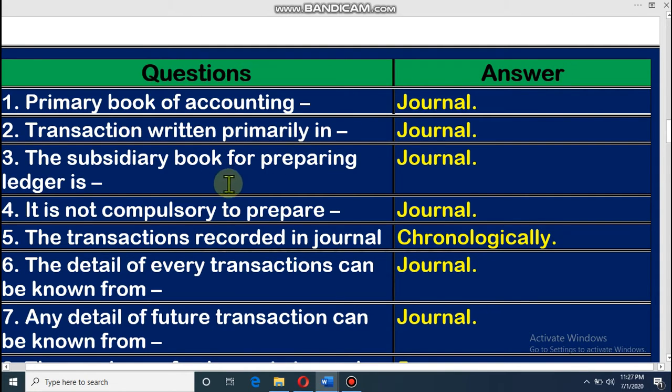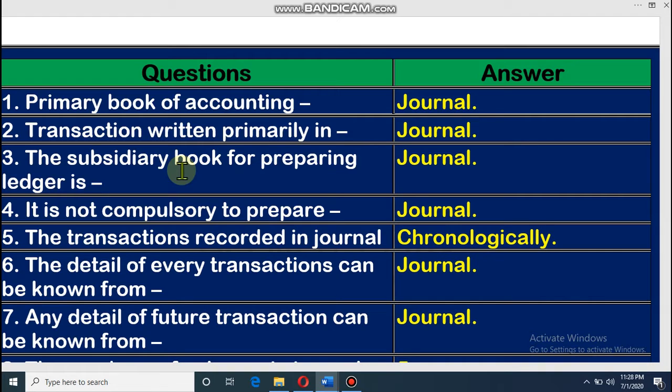The subsidiary book for preparing ledger is journal. Subsidiary means, dear student, you know, optional. For doing ledger, you know that ledger is the final book of account. It is the permanent book of account. In ledger, we record all of the transactions by analyzing debit and credit.